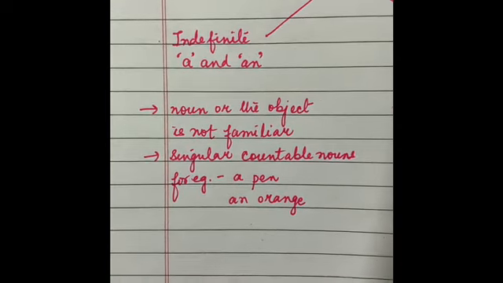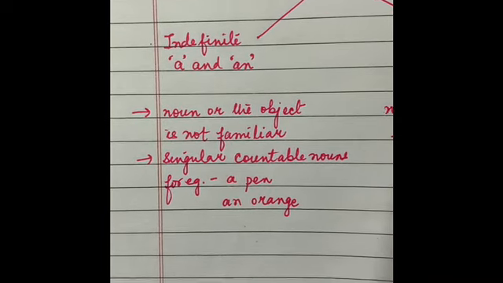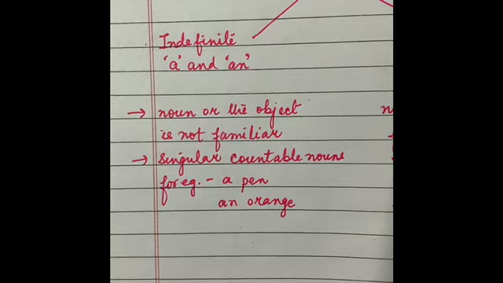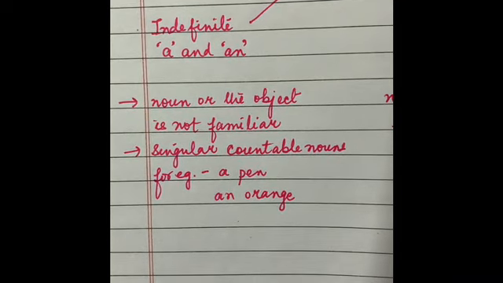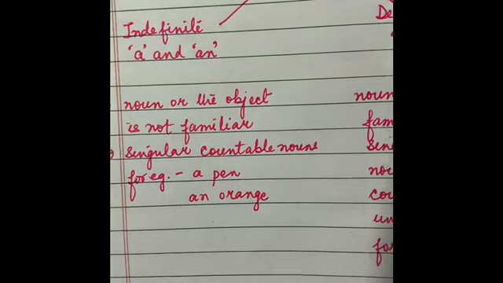Let us now discuss in detail the usage of a and an. Now children, we all know that the English alphabet has 26 letters and 5 of them are vowels.